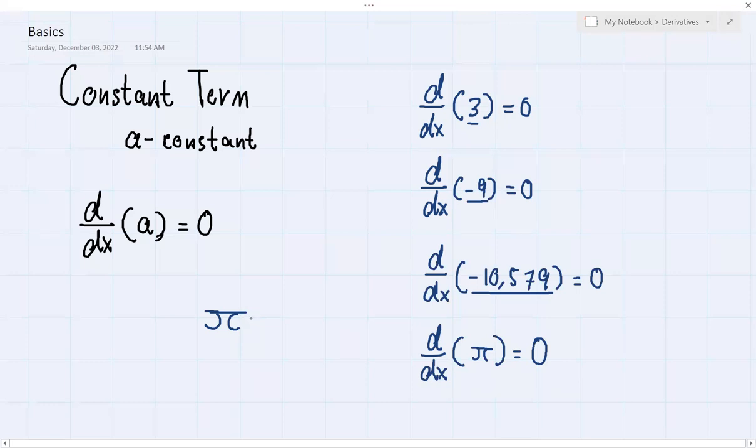Para sa isang irrational number. Kasi ito, pi is approximately 3.14. Okay? Naka 2 decimal place tayo. Pero actually, napakahaba ang decimal value nito. It's continuously evolving. Okay? Parami ng parami to ng decimal value.